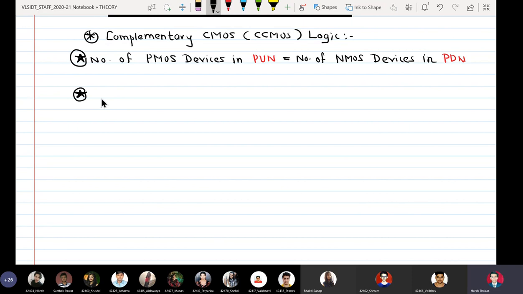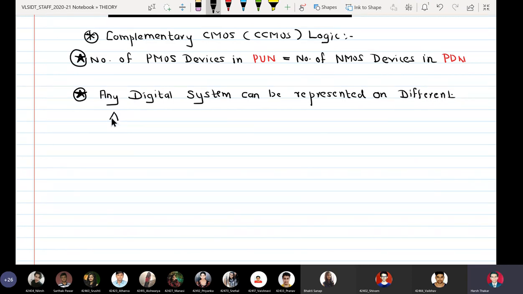Please understand one thing, that any digital system can be represented on different abstraction levels, from highest to lowest.